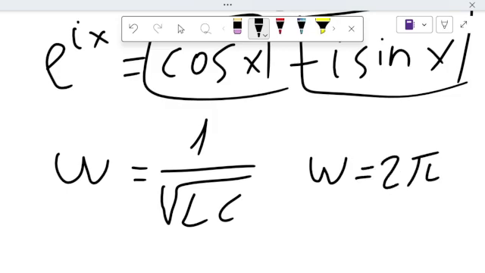This is the angular speed, or frequency.